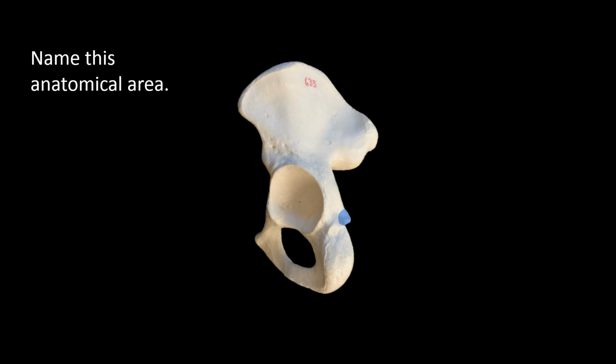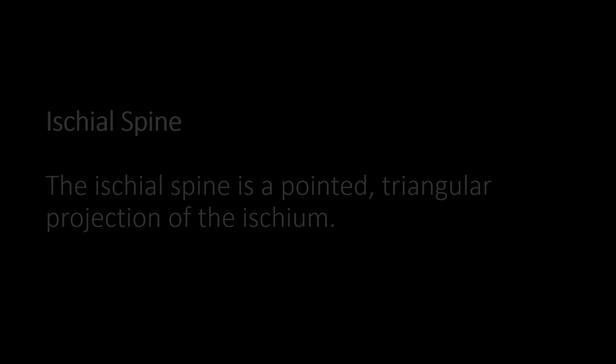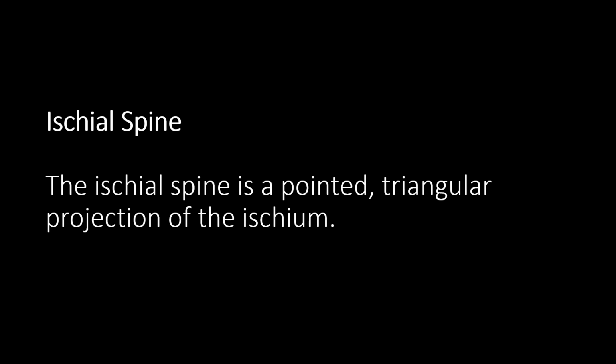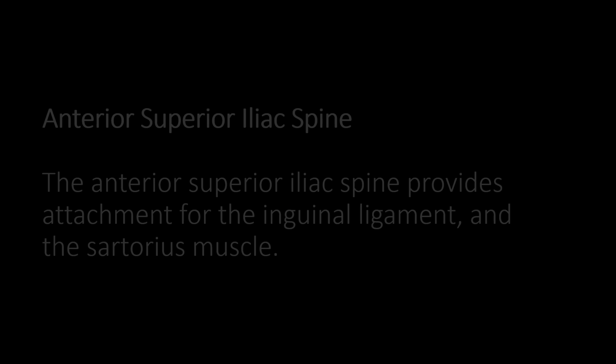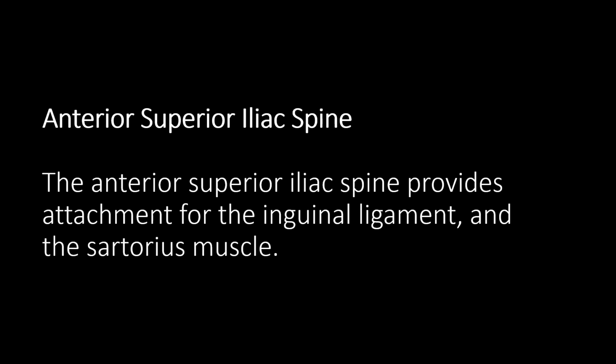Name this anatomical area. Ischial spine. The ischial spine is a pointed, triangular projection of the ischium. Name this anatomical area. Anterior superior iliac spine.